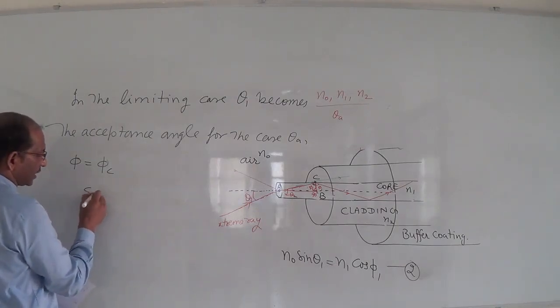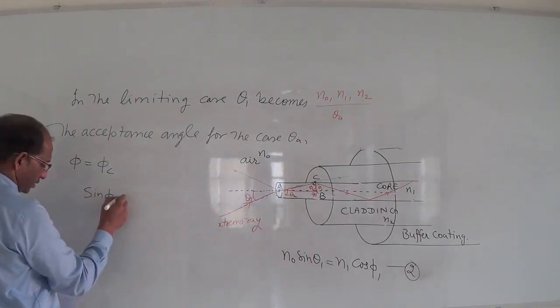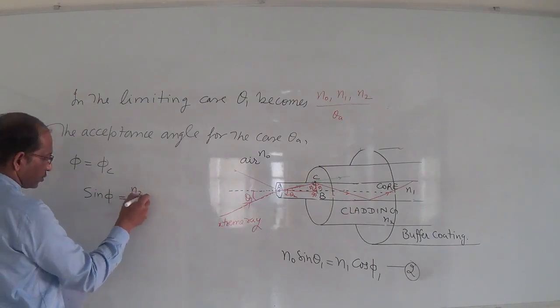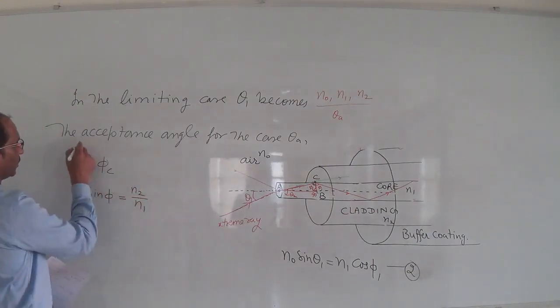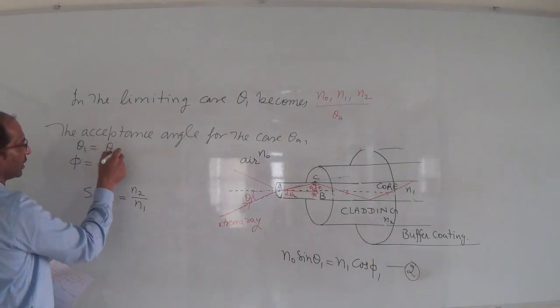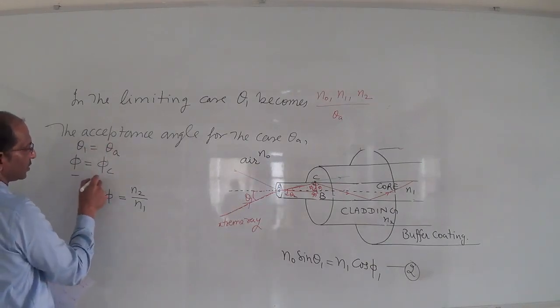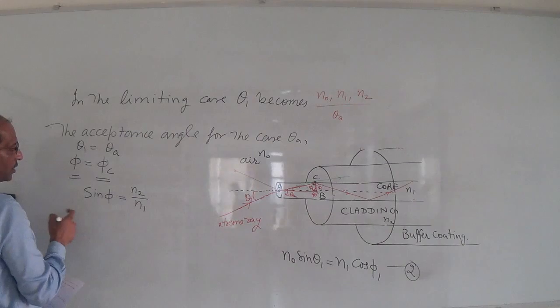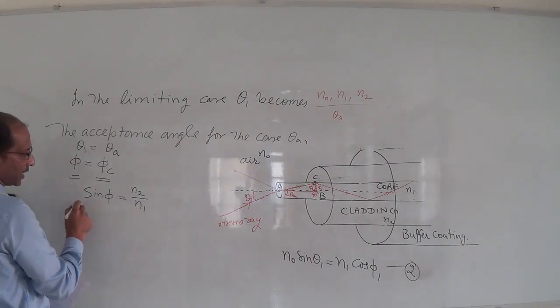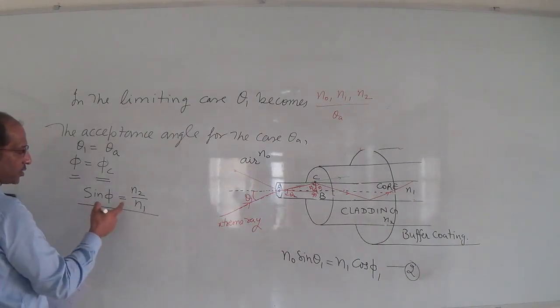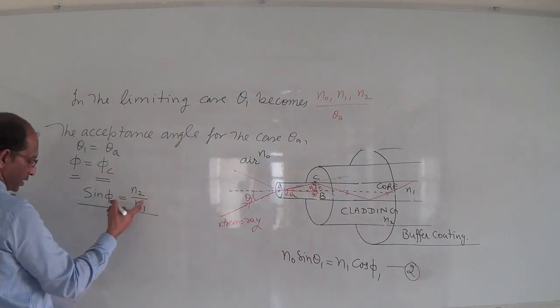So now you can write sin phi is equal to n2 upon n1, when theta 1 is equal to theta A and phi is equal to phi c.